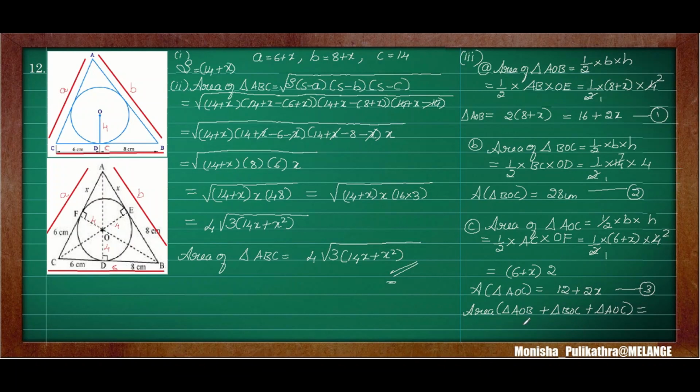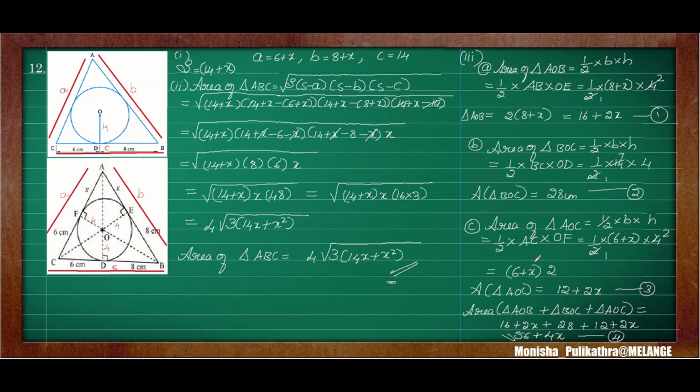Okay, this will be equal to 16 plus 2x plus 28 plus 12 plus 2x. So it will become 30, 40, 50, 56. So it will be 56 plus 2 plus 2 is 4, 4x. Okay, so let this be equation number 4.